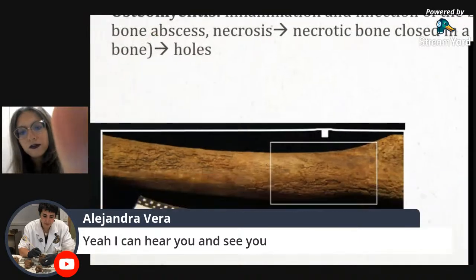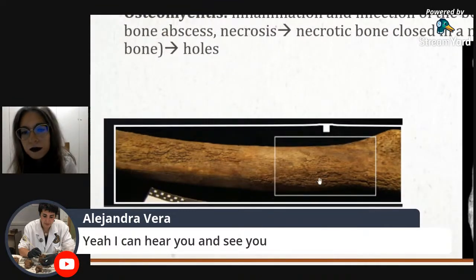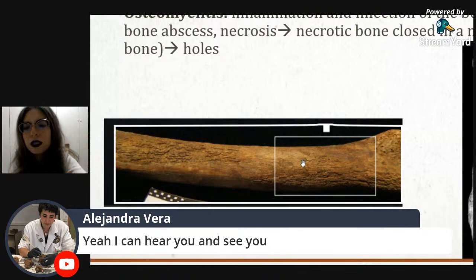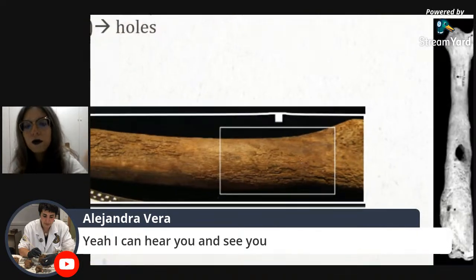And it's made of a sort of degeneration of the periosteum, so sort of microporosity. It's better seen with a microscope.